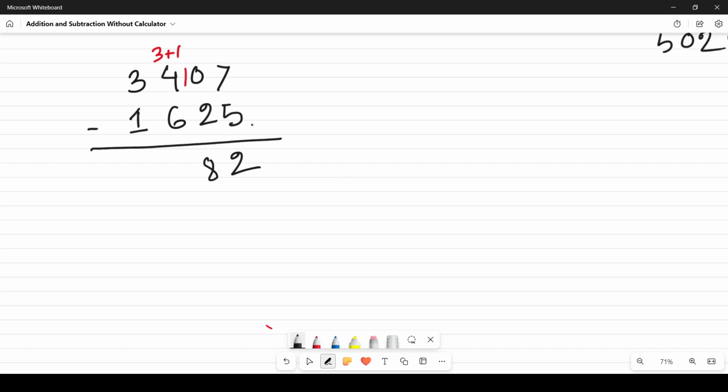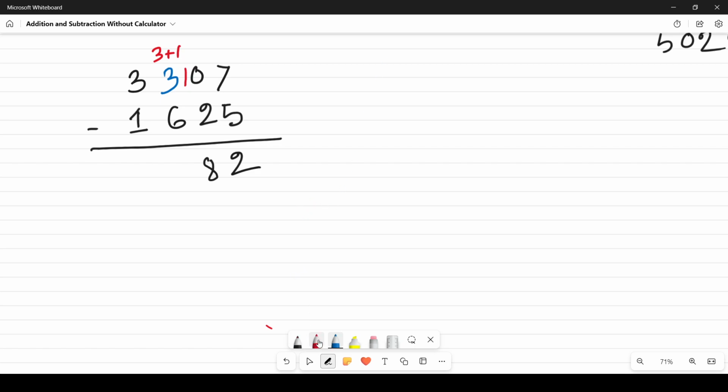So the value here has now become 3, not 4, right? So now can we subtract 6 from 3? No. If we do that, we'll get another negative value, minus 3, and we don't want it.